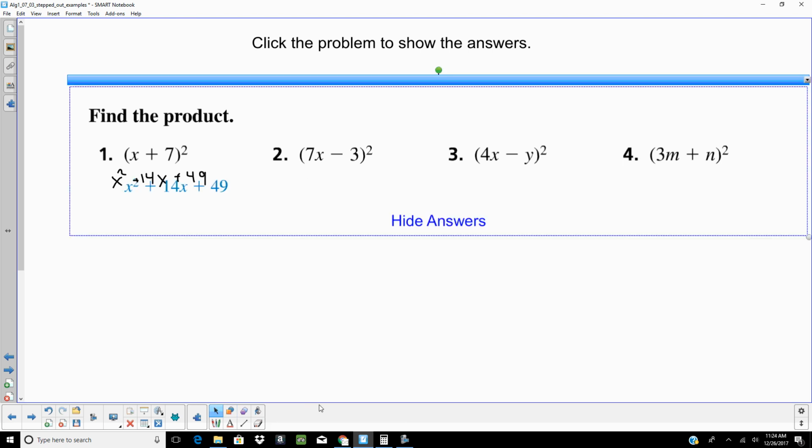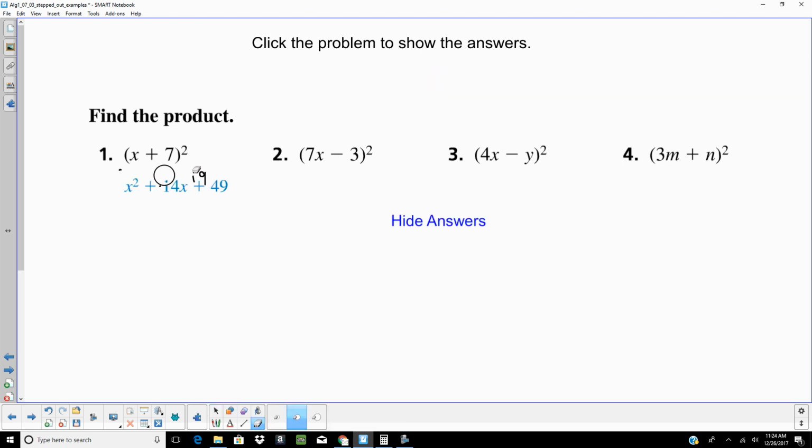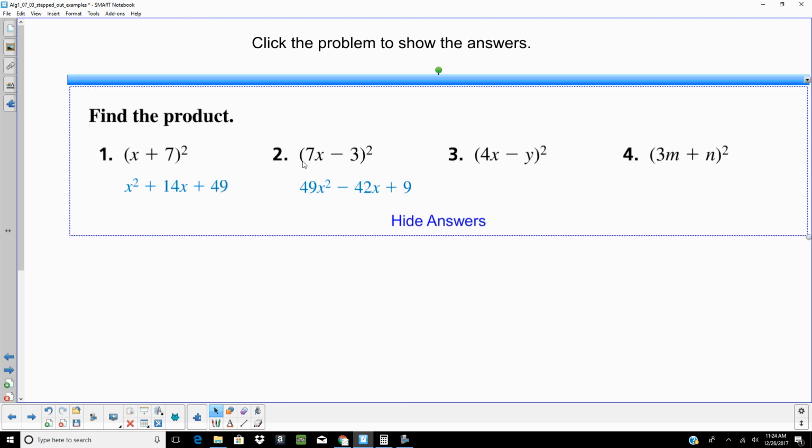So the next one, whoops. Their handwriting is much better than mine. I'll let theirs go. 7 squared is 49x squared. 7 times 3, 21, double it. You get the negative 42.